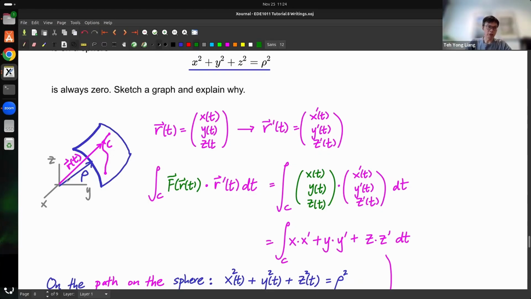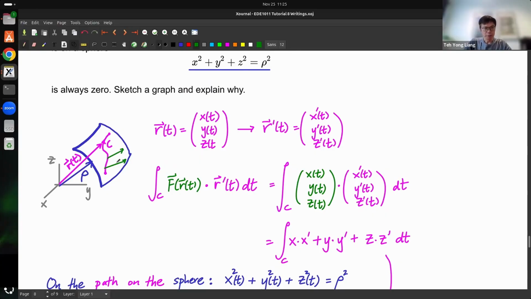Let's say, for example, at this point, because the field is radial, it must be pointing in this direction. Then at this point, radially outwards, it must be pointing in this direction. Of course I can draw more points, but I think two points is enough. Your path is going to be on the sphere, but the field is radial.